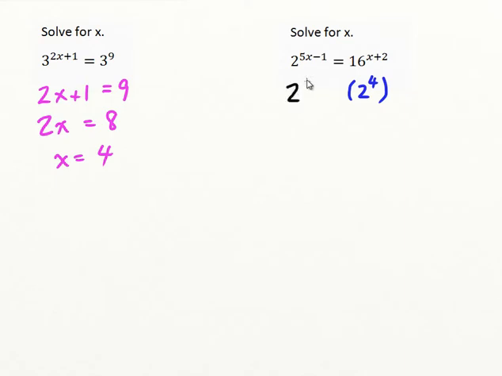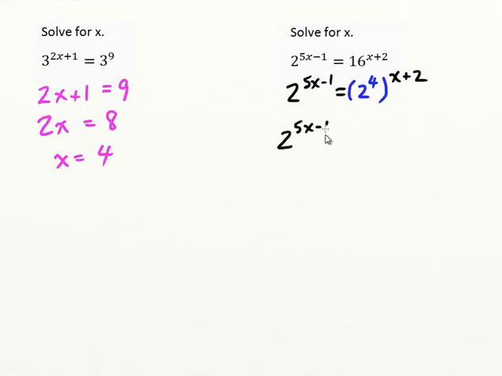We have 2 to the exponent 5x minus 1 equals 2 to the exponent 4, and that was raised to the exponent x plus 2. Okay, well, we're almost ready to rewrite the equation with just the exponents, but I just need to combine these two exponents together first, and then we can go ahead and complete the solution.